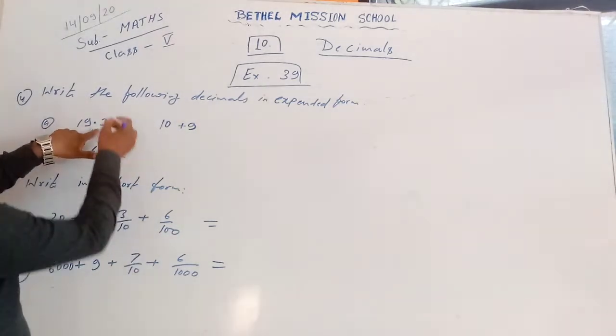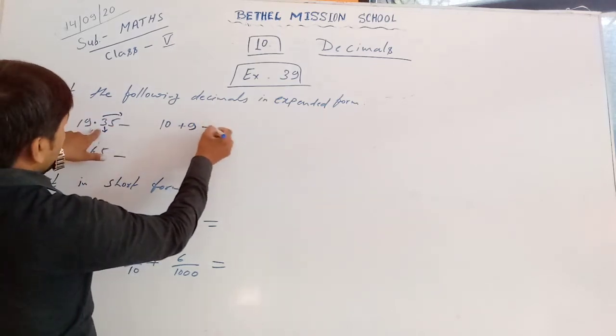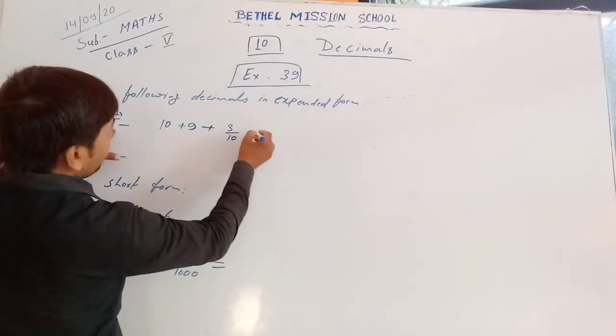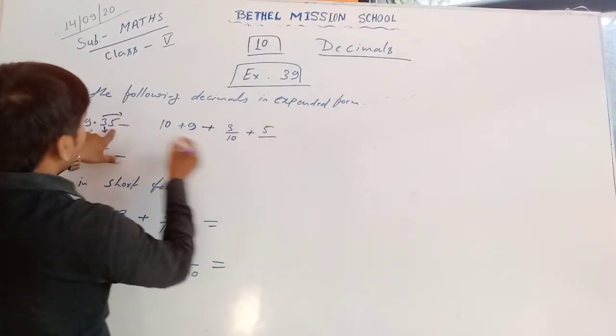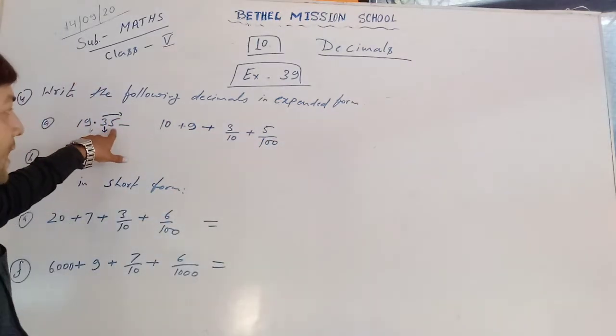After the decimal, you take 3 upon 10. And for 5, you write 5 divided by 100, since there are 2 digits.